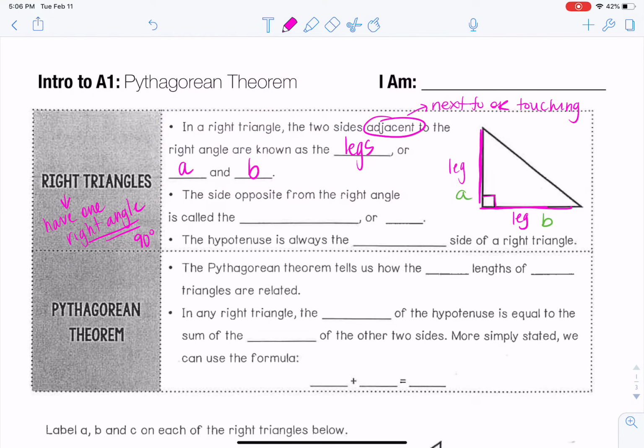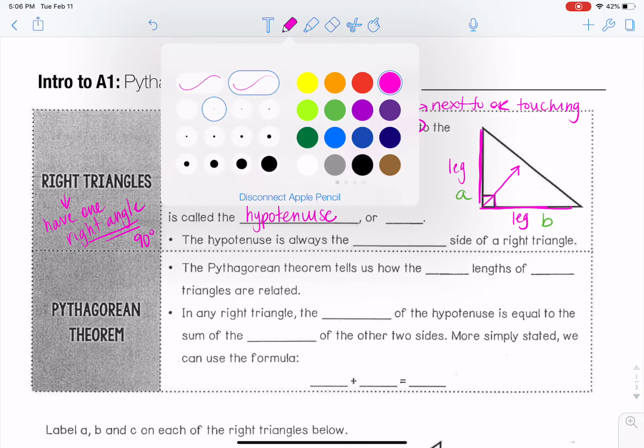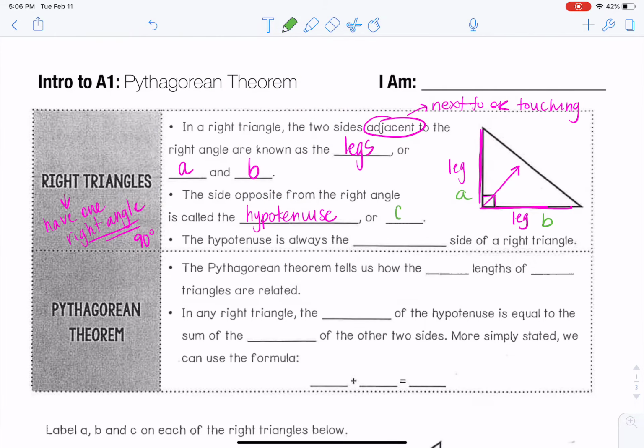The side that's opposite from the right angle, so if you draw an arrow through the right angle box directly to the other side of the triangle, is called the hypotenuse of the triangle, or this is also called my C value.